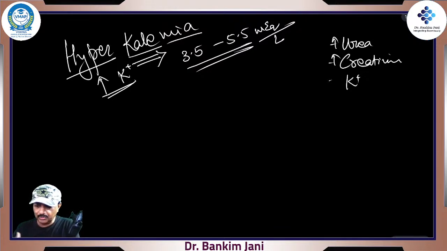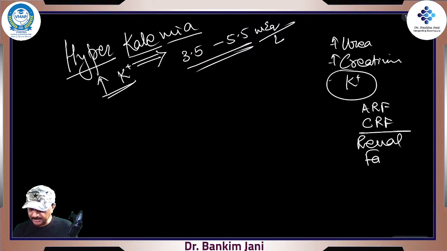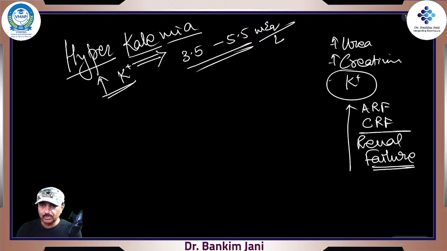The kidney is what releases potassium. Now it is not allowing it to go because the kidney has gone into failure, acute renal failure or chronic renal failure. When the kidney is failing, potassium is not going, so it is mounting in the serum.